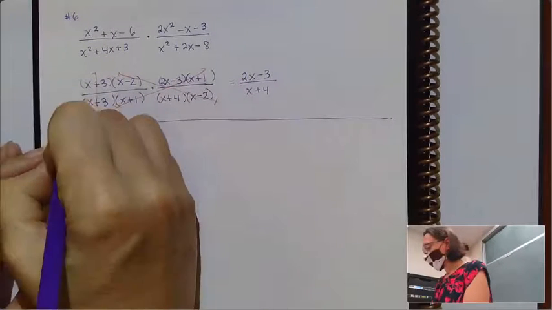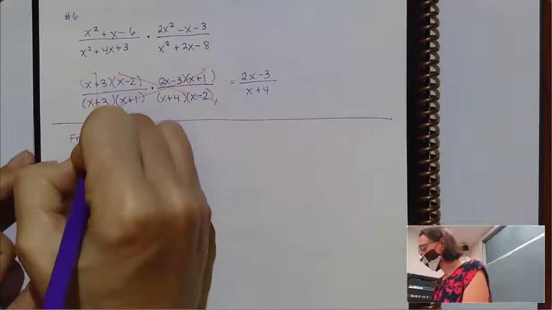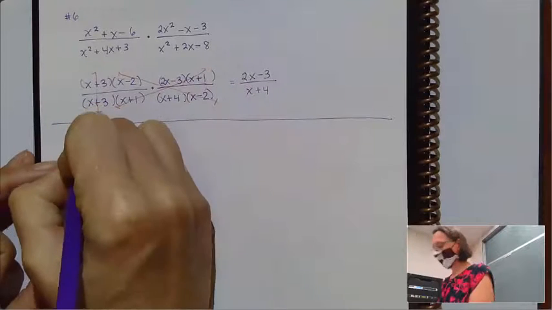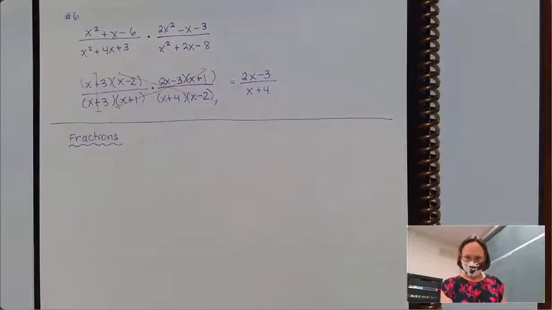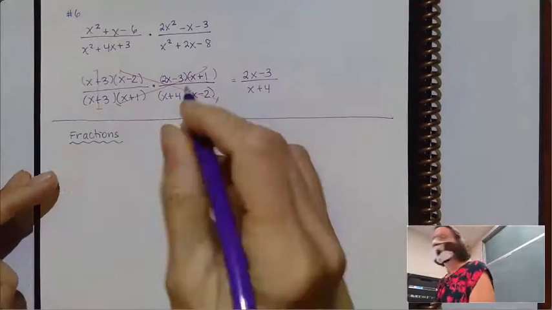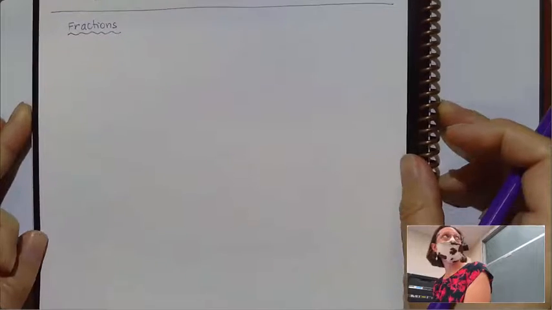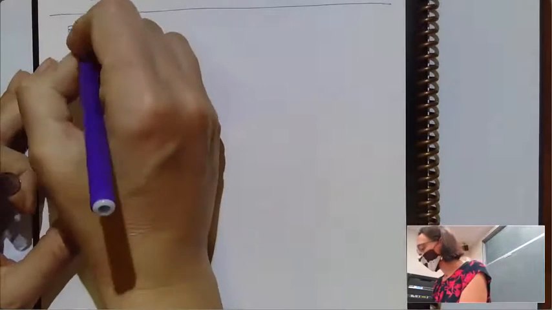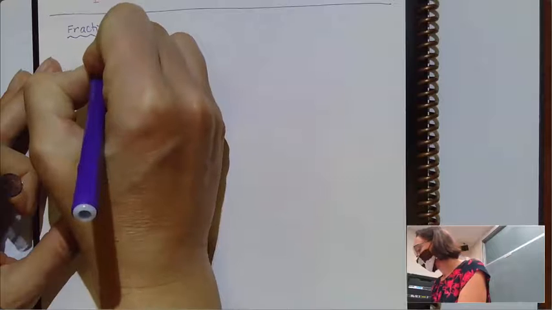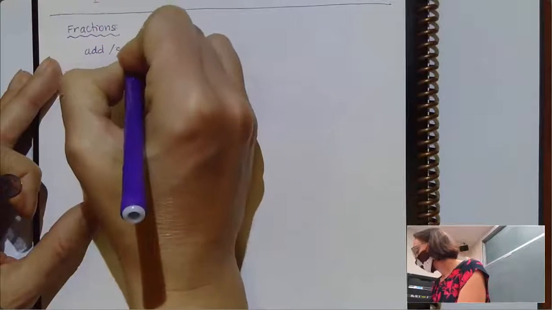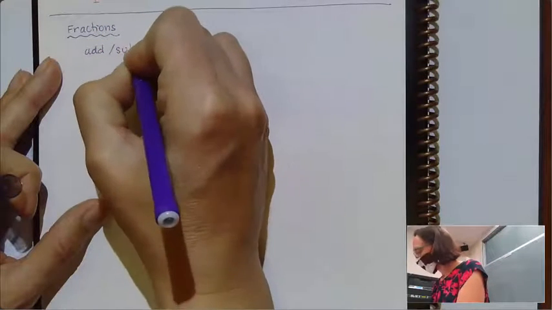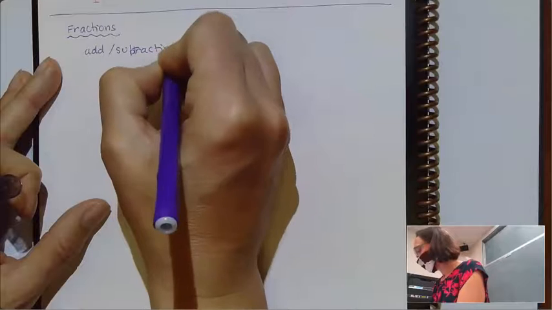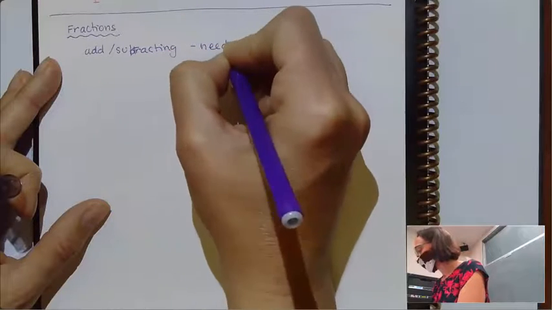Just like fraction reminders. I know it's everybody's favorite, fun with fractions, right? Just to recap and refresh our memory, if I'm adding or subtracting, we need a common denominator.